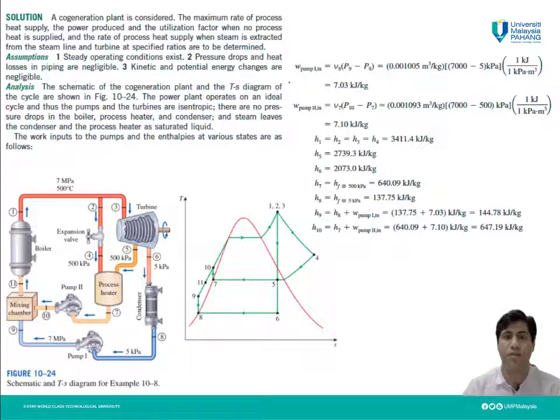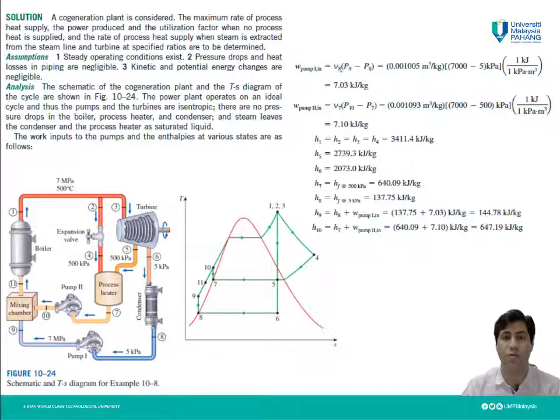So let's start with the simplest one. For pump 1 and pump 2, we can calculate the work for these two pumps by this equation. It is familiar for you, I think.